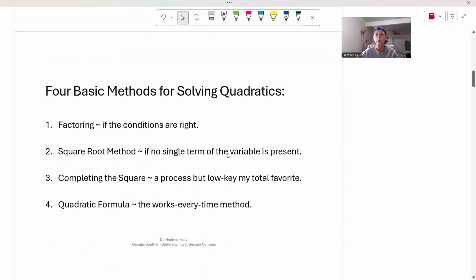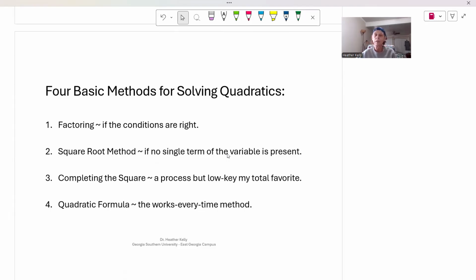Now, there's four basic methods for solving quadratics. There's lots of different methods that people use, but these are the four basic ones. The first off, there's factoring, and factoring is one of the most important skills that you can hone in this class, because it allows you to simplify equations and do all sorts of things further along.